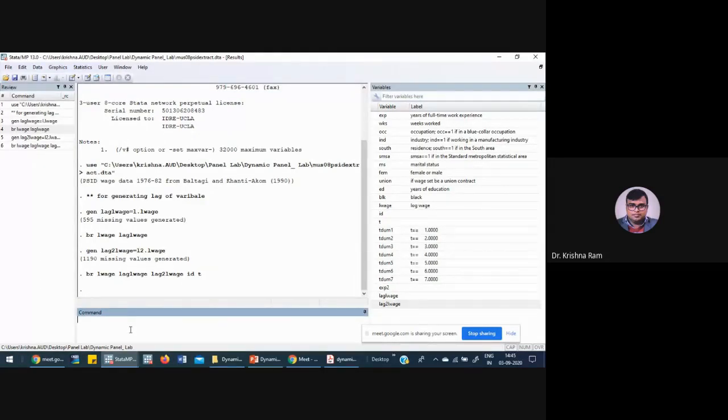Similarly, if you want to generate the difference of any variable, this command would be the difference.